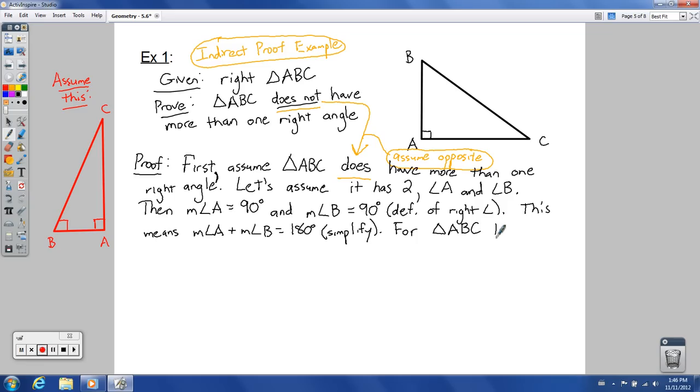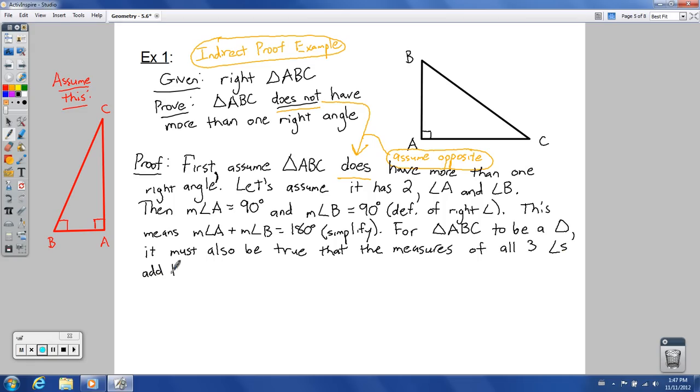So for triangle ABC to be a triangle, it must also be true that the measures of all three angles add to 180 degrees.